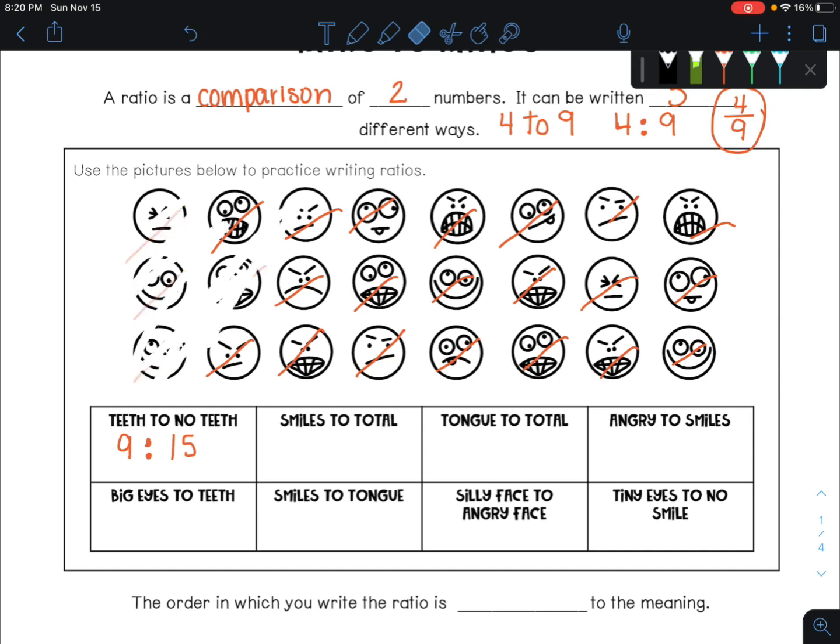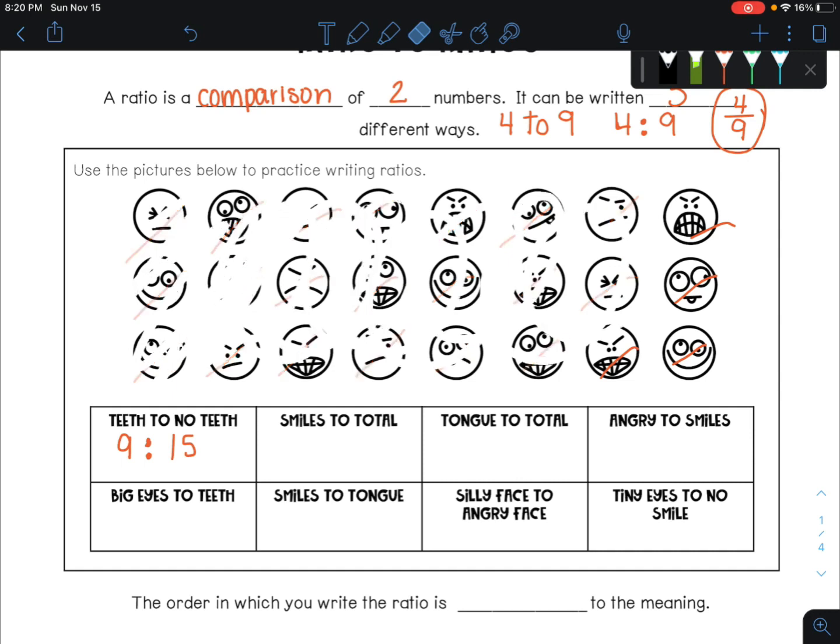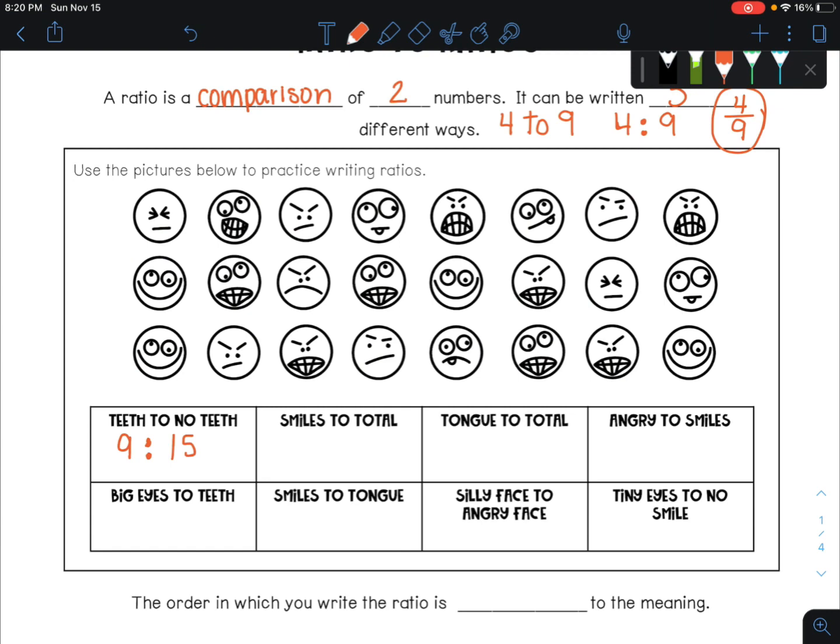Okay, and then I can compare smiles to the total. So ones with smiles, I got 4 that look like they're smiling. And the total, easy way to count that, it's 3 by 1, 2, 3, 4, 5, 6, 7, 8.